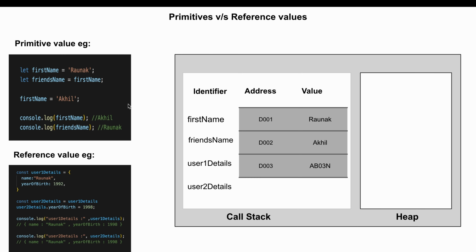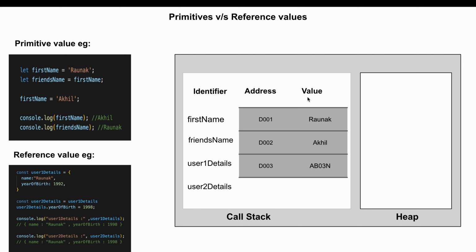So now whenever we create a variable, for example we have created firstName with a let variable declaration and we have assigned some value to it, what happens is in the call stack an identifier with that name firstName gets created, and an address gets created which holds some value.